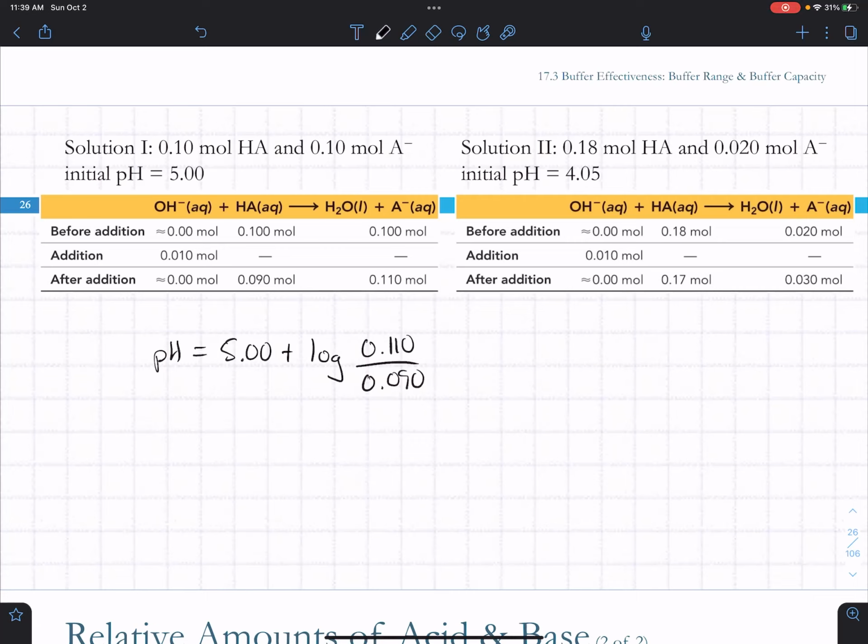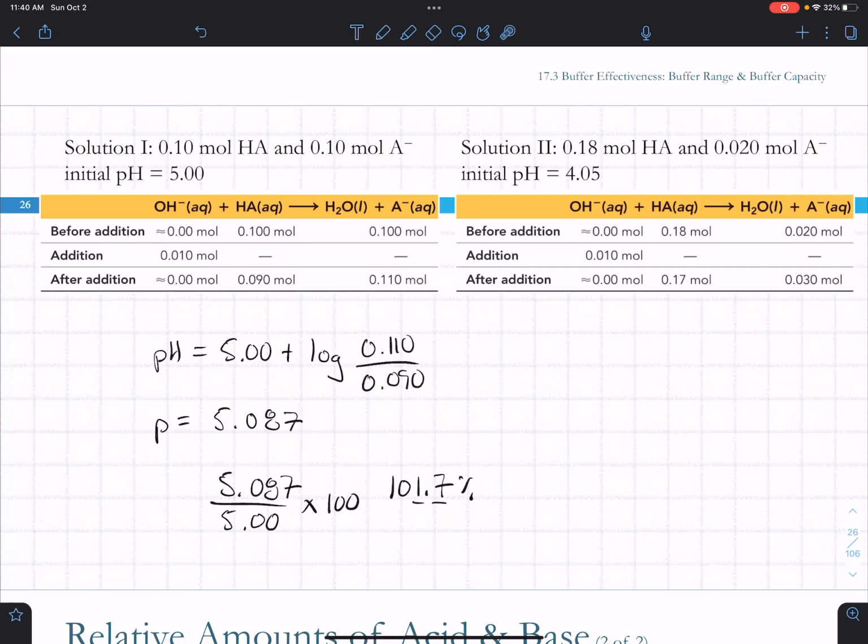And our pH, oh, I forgot the log in there, is now 5.087. So if we take 5.087 divided by 5, and then multiplied by 100, that's going to be 101.7%. So we increased by 1.7%.